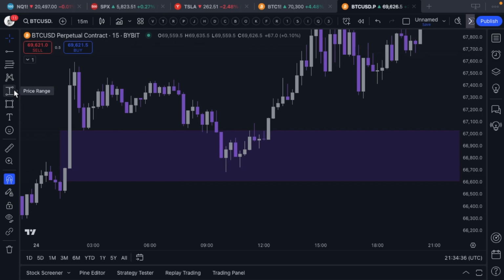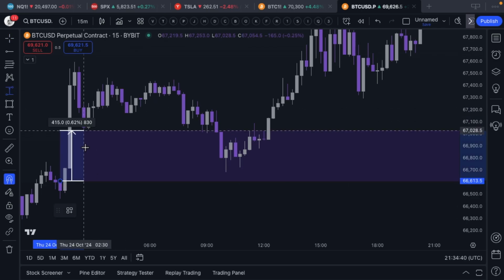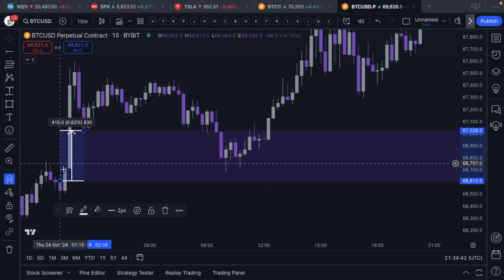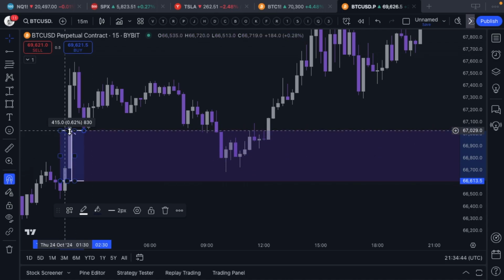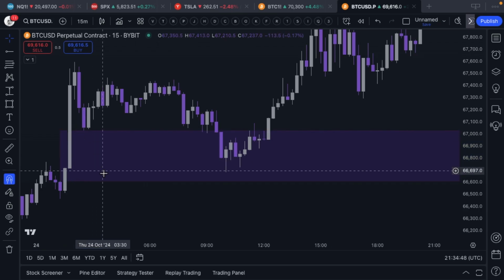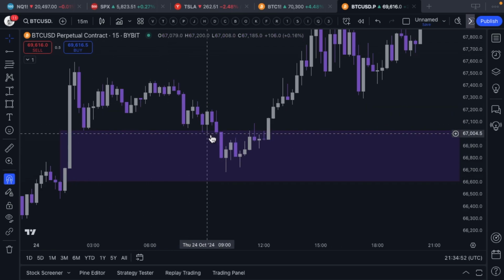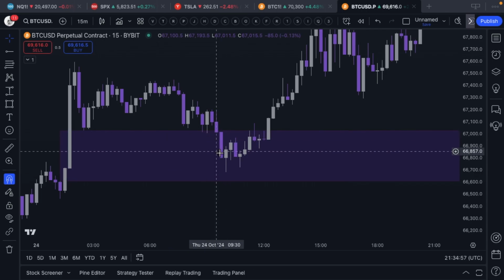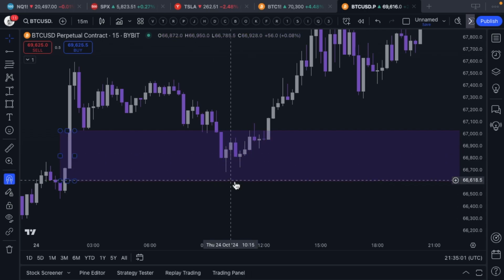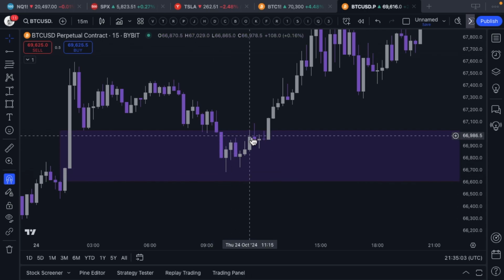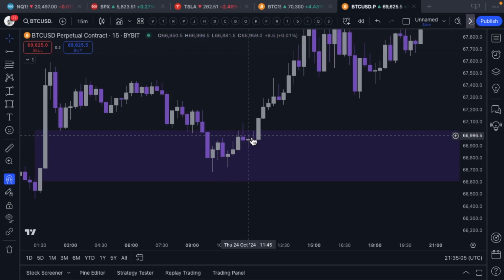So if we were looking to trade this from the top of the fair value gap, that's a $415 gap of a 0.62%. So you would adjust your margin accordingly and wait for price to come back. If you wanted to ladder entry in, you could get one position filled here, one position in the 0.5 of the fair value gap, and one position at the bottom, which never gets filled, and price starts moving away.